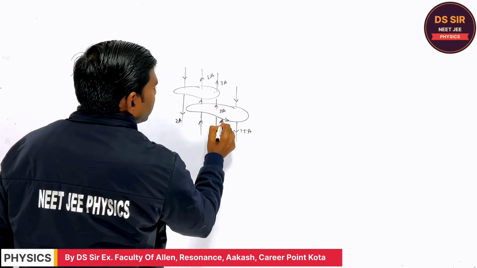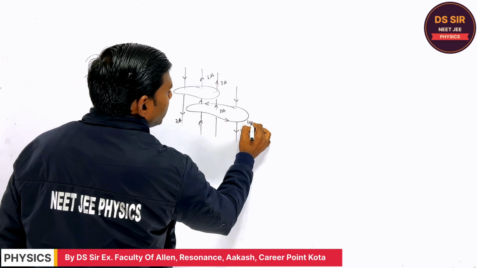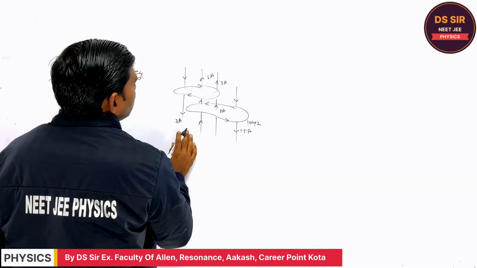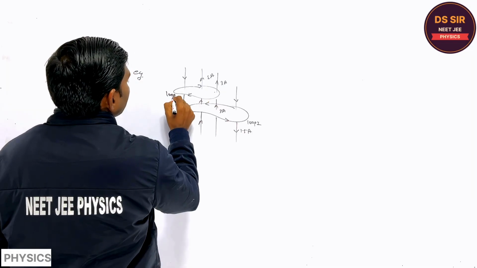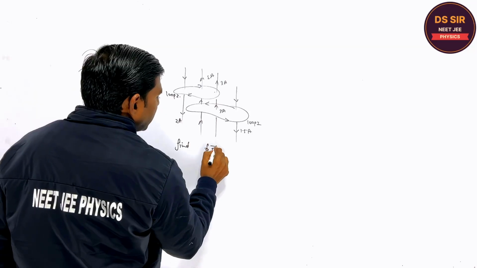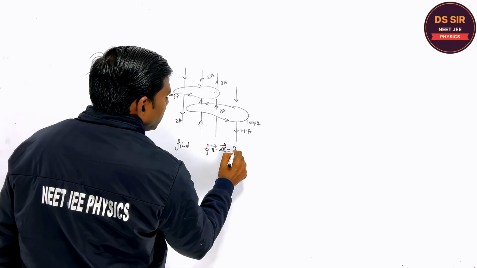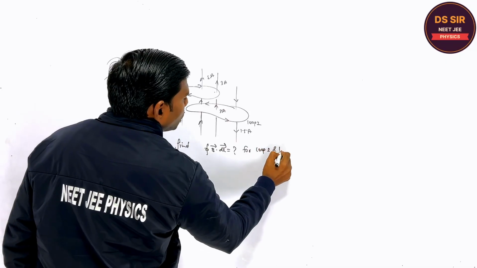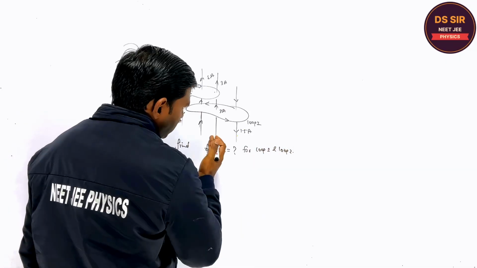If this is the orientation for loop 1 and this is the orientation for loop 2, find the line integral of B dot dl for loop 1 and loop 2. This is the question. Copy this.